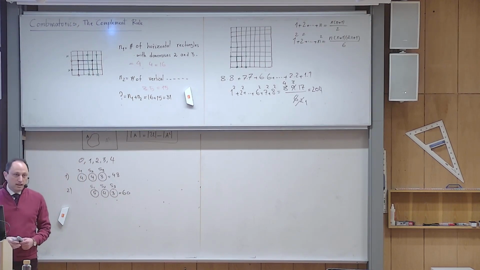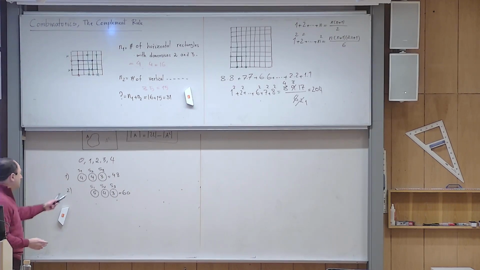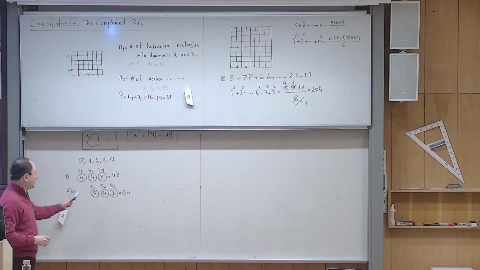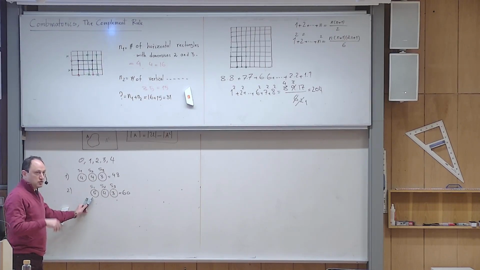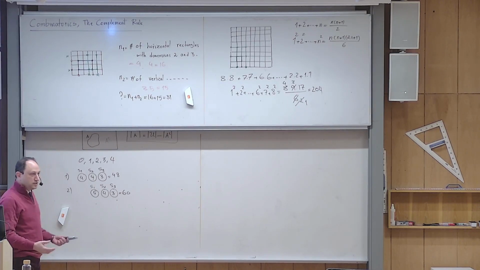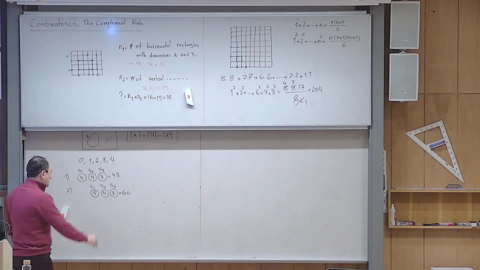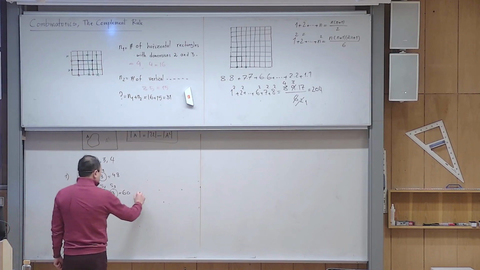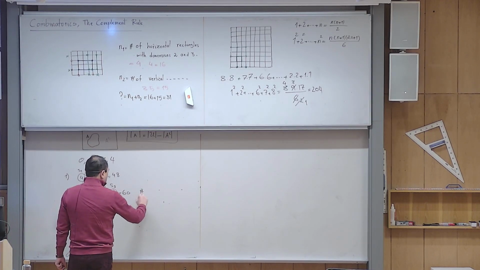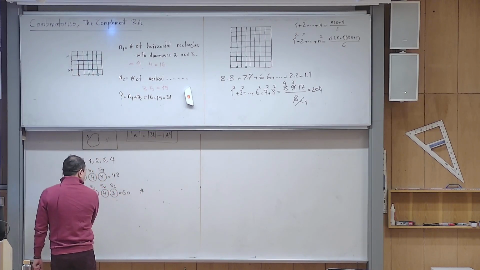So 60 is the total number of arrangements, regardless of whether it starts with a 0 or not. But I don't want this to start with a 0. So if I can count how many of them start with 0, then I take them off, and what is left for me is the answer. So this is the total number of codes.